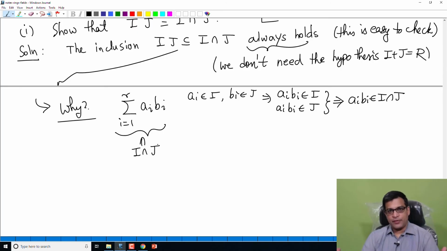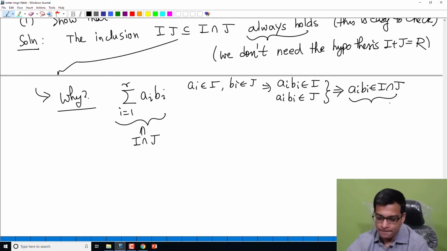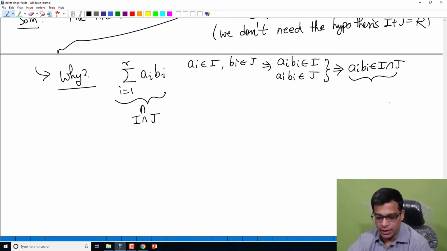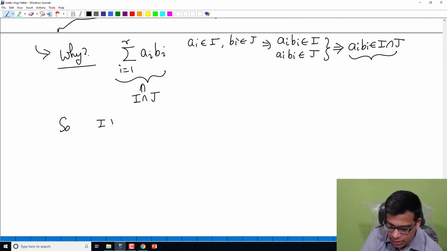So if you have a bunch of elements inside I intersection J, their sum is in I intersection J. So the inclusion IJ contained in I intersection J is trivial, it's very easy.